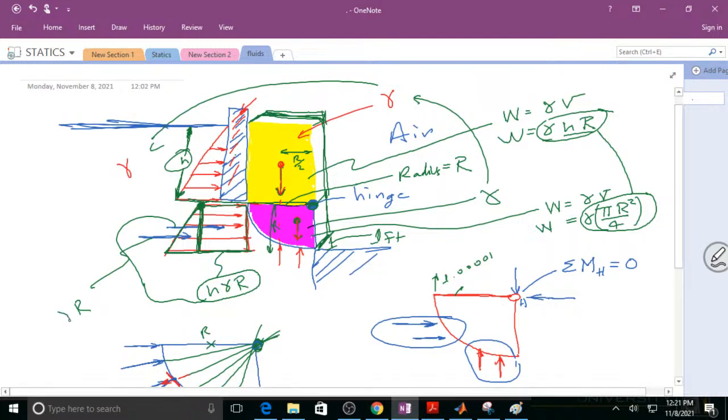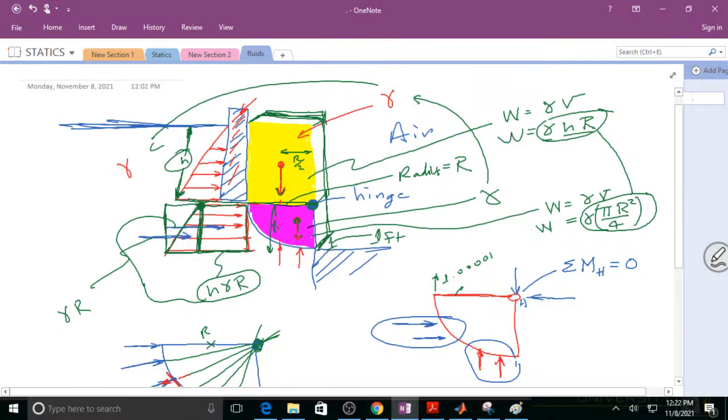R, oh well, you have to have that gamma. If you just said gamma times R, then that would be, let's see, I could do this and then erase it.